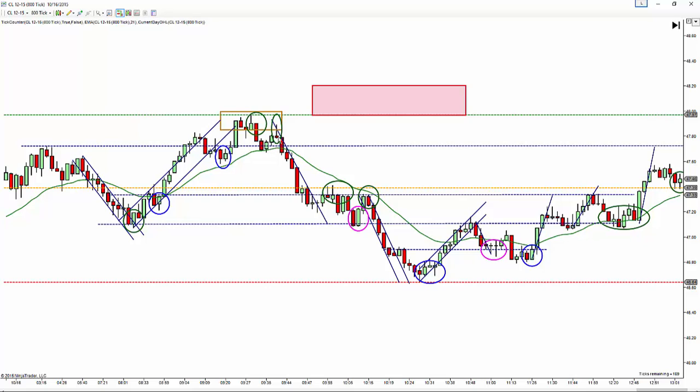Price pulls back again. Now this looks to me like a trap. The only trouble with this particular trap, again, is it doesn't test high enough. If you're going to go short or long at those areas, you'd really want to see price come back down and the retest be lower than the initial. So what you would want to see is price go up a tick higher than this one and then fail.